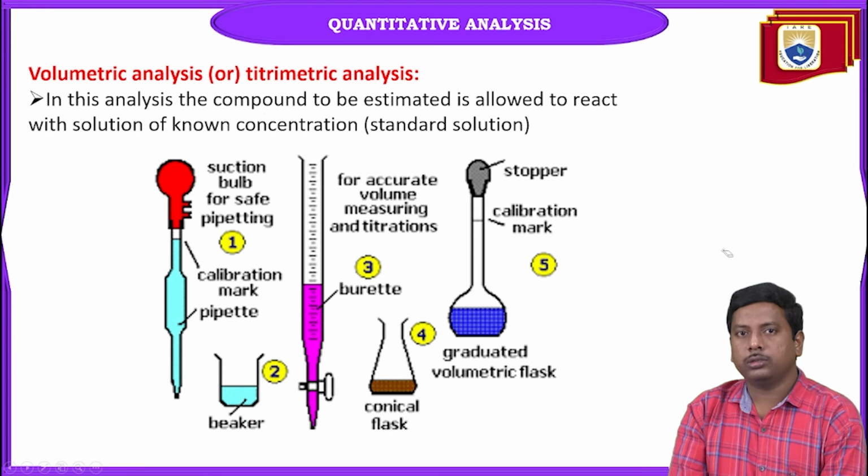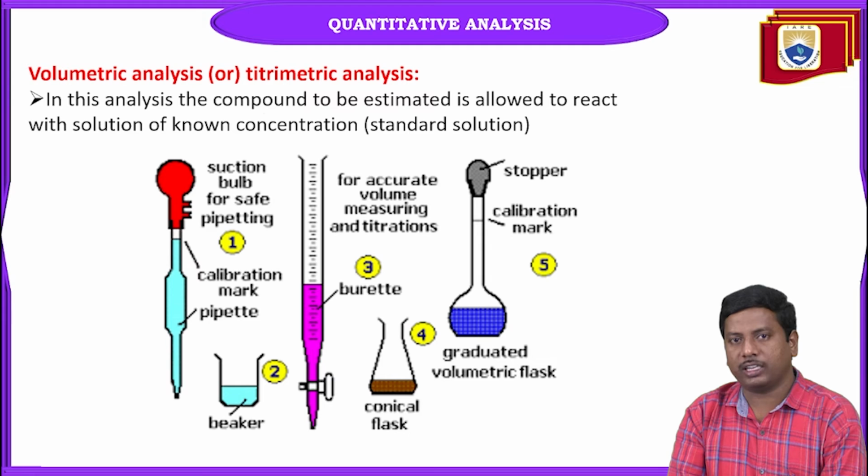Okay, so now there are totally 5 types of equipment used in volumetric analysis. The first one is the suction valve, or it is called a volumetric pipette, for taking the sample into the conical flask. The second one is the beaker, which is applicable to collect the solution or transfer the solution from one point to another point. The third one is the burette, which is applicable to release the solution into the conical flask in the 0.1 ml range.